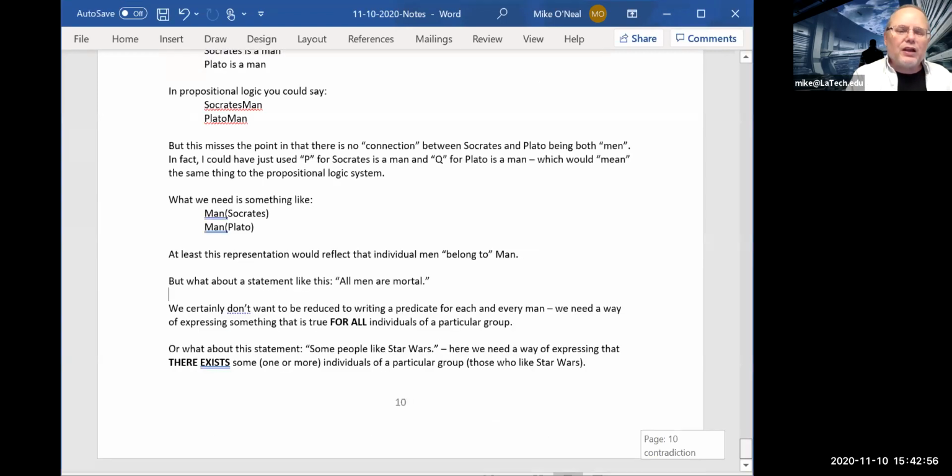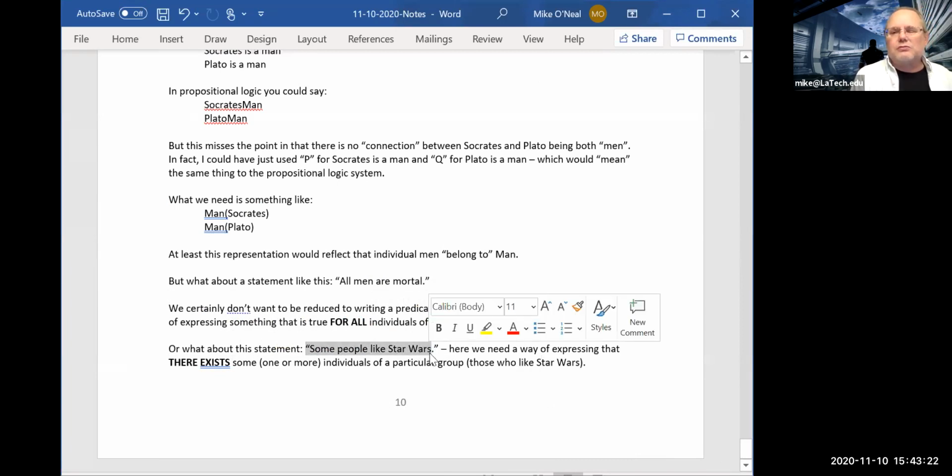All men are mortal, and we're going to come up with something called a universal quantifier that captures the idea of for all. And there's also something called an existential quantifier, which means there exists, and that allows you to make statements about individuals in a group. So you can say something like, some people like Star Wars.